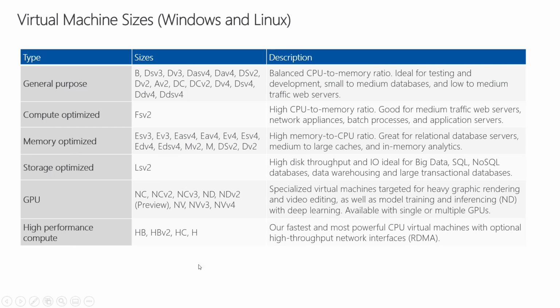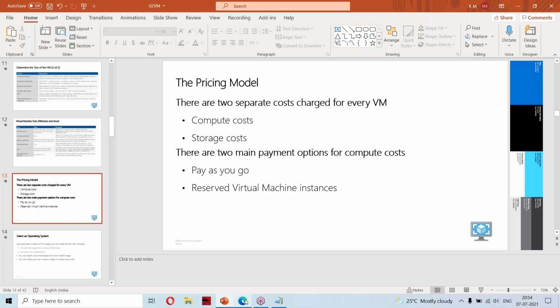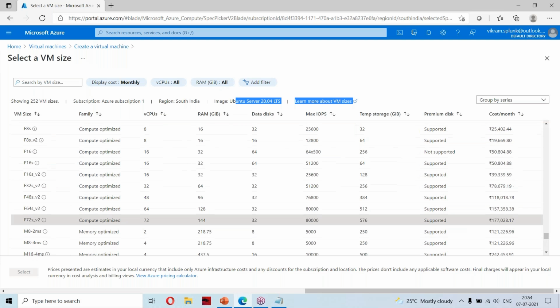This is what you are seeing in the portal: F1X, F32. So these are all the sizes.